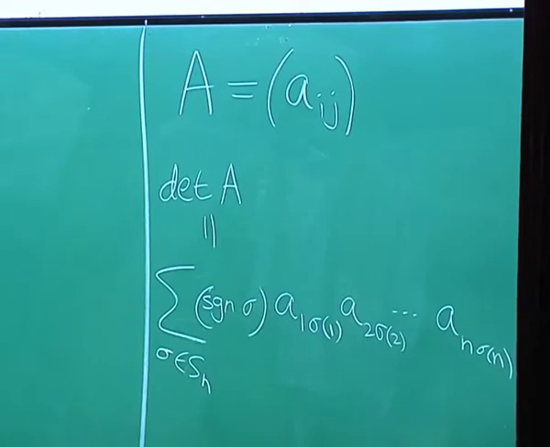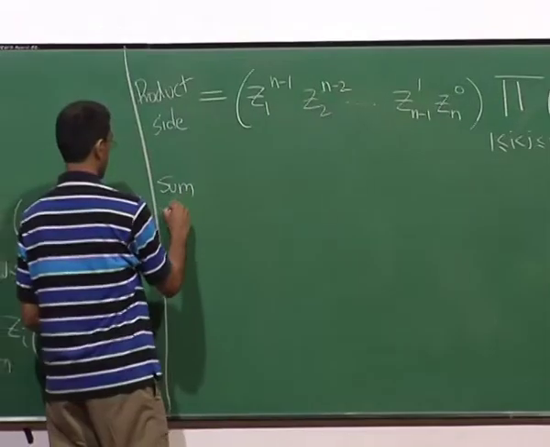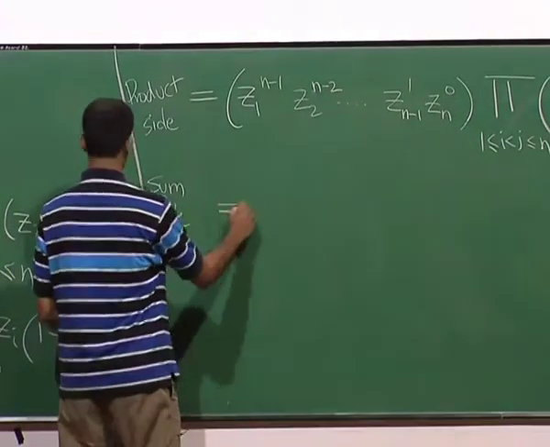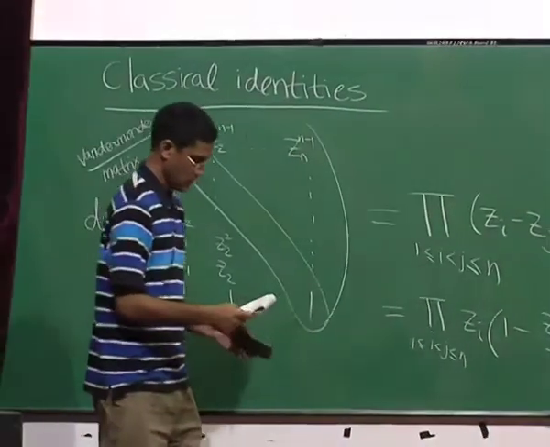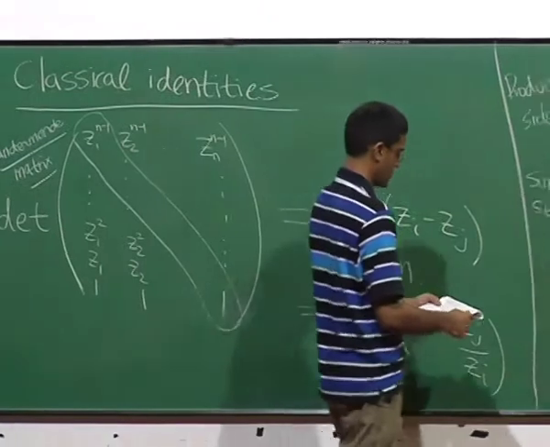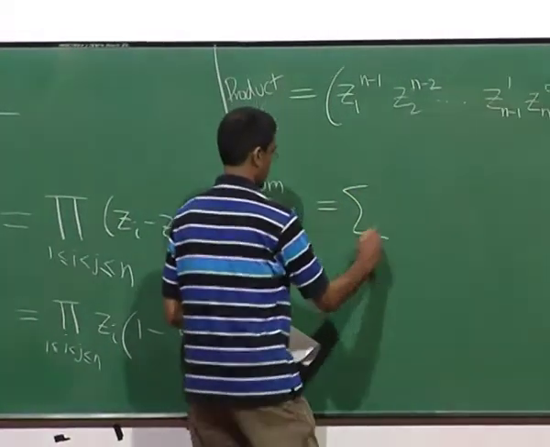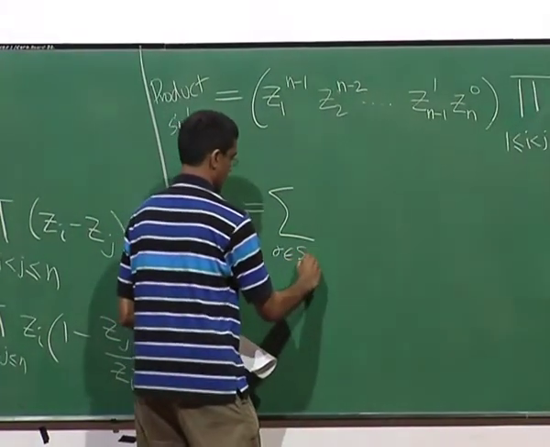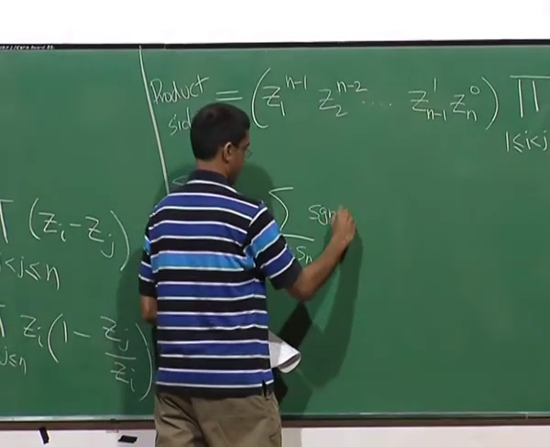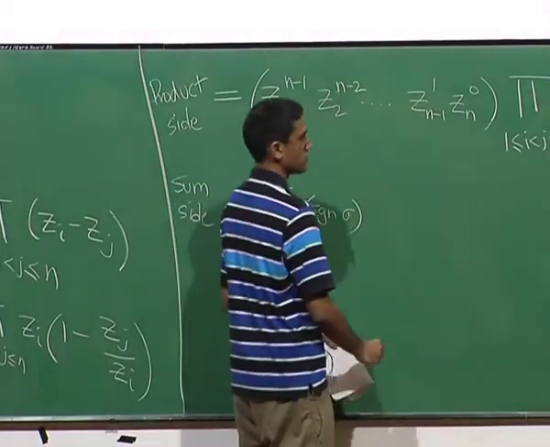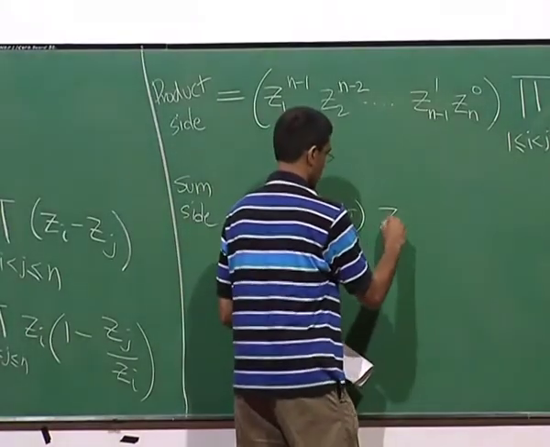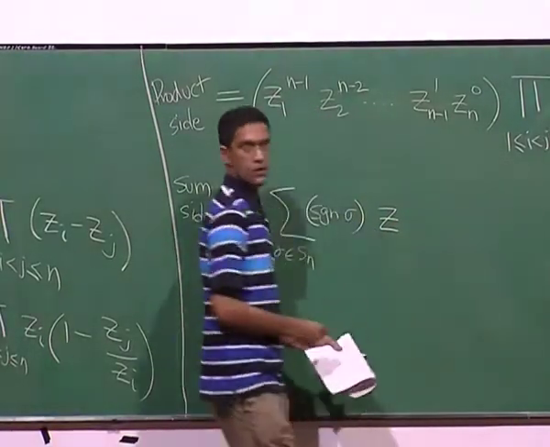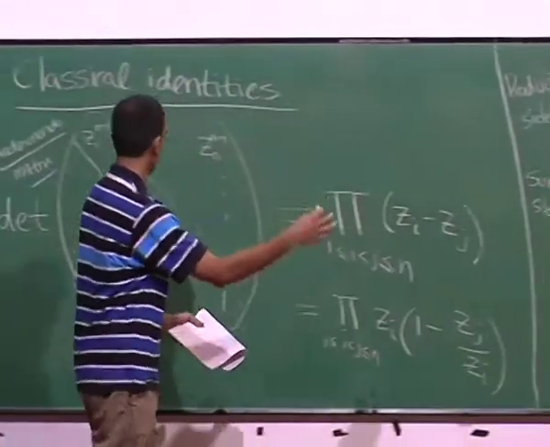Now let's work on the sum side of the identity. The left hand side, which is the determinant, is that n factorial term sum. What does it look like? It's just the sum over all permutations of the sign of the permutation times those terms. What is A1 sigma 1, meaning first row, sigma 1th entry?